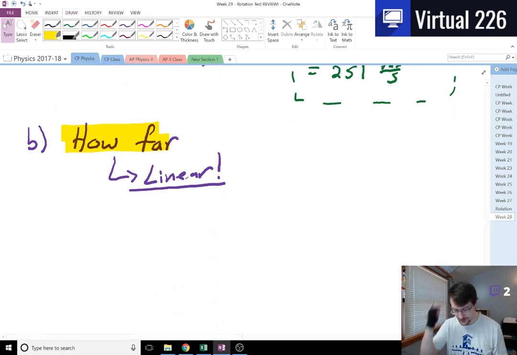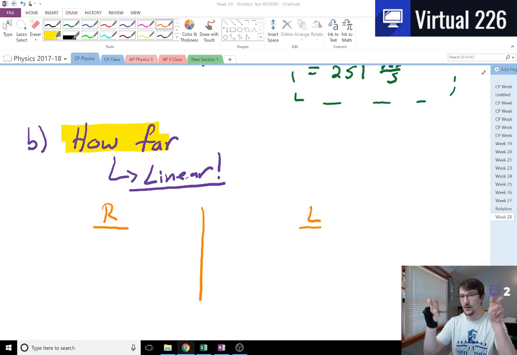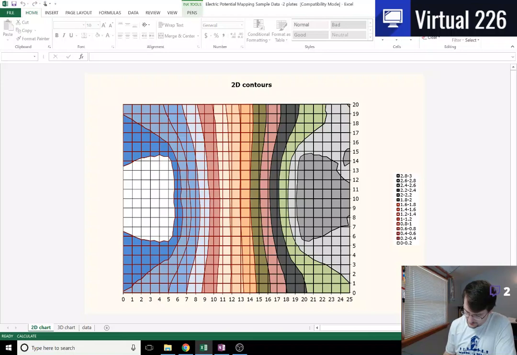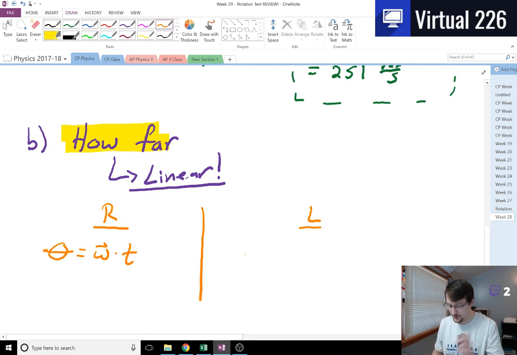And either way, if we think about this for rotational quantities or linear quantities, for the rotational quantities, how far, theta, is going to be equal to omega times t. For the linear quantities, how far, x, is going to be equal to the velocity times time.